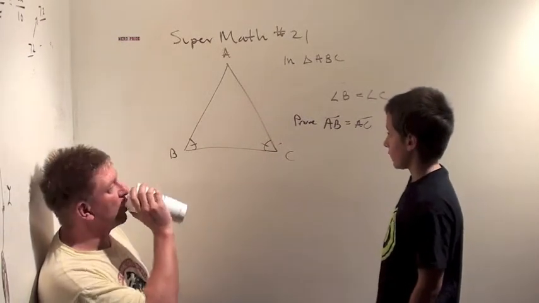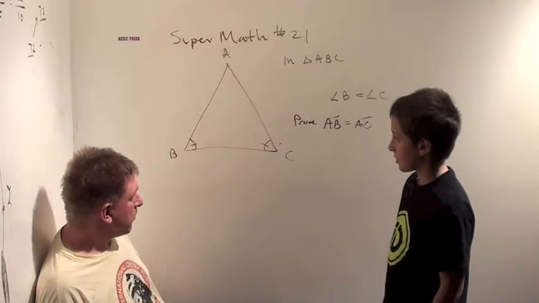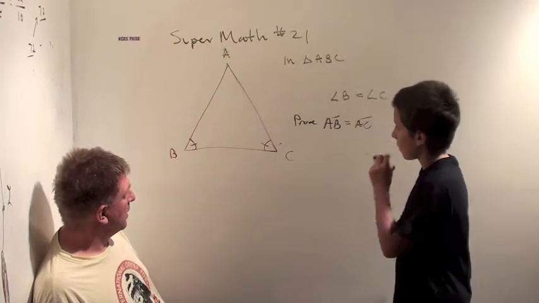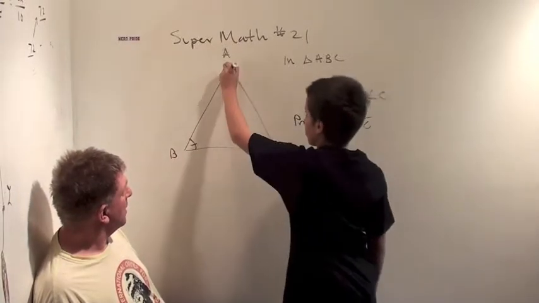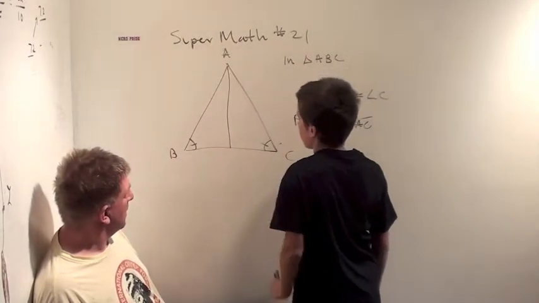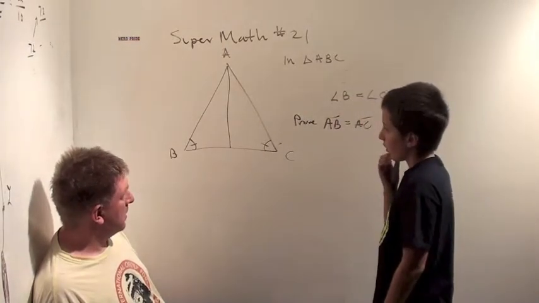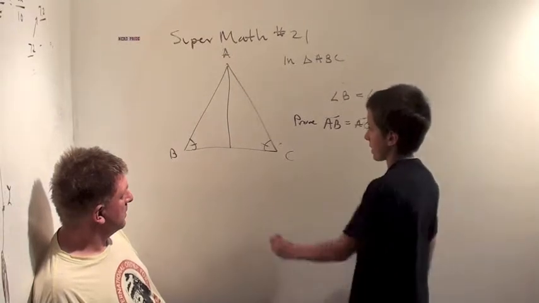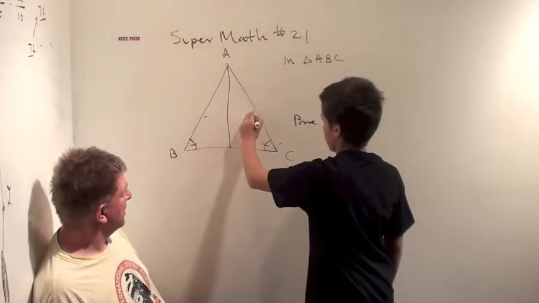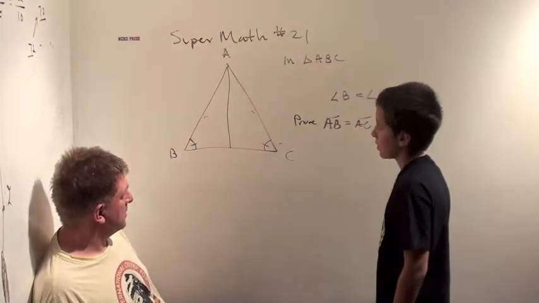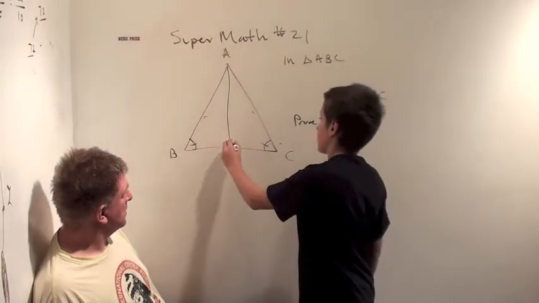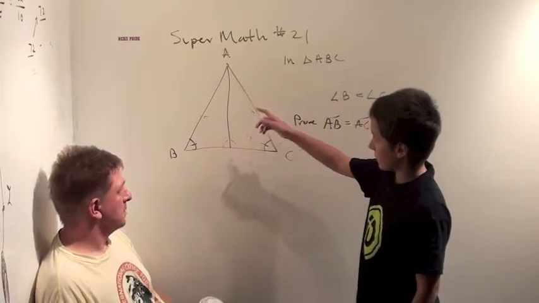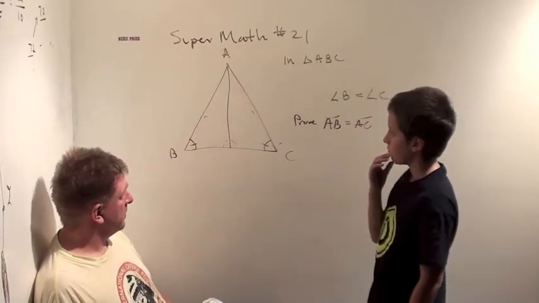Well, we're going to need a different type of congruence. Maybe our line will help us, but we can't do side congruence because we're trying to figure out this. And we'd need these angles if we wanted to do angle side angle.